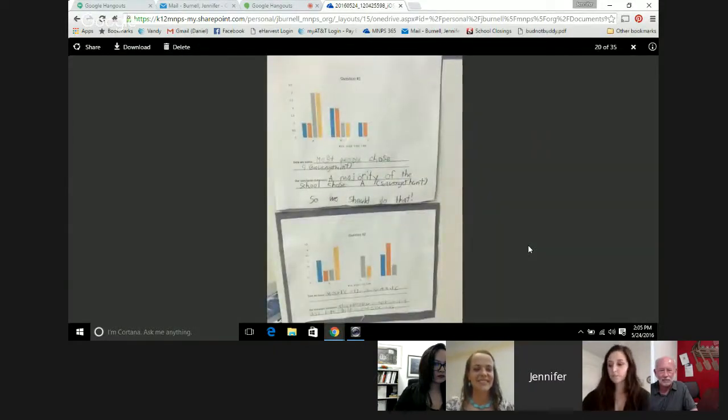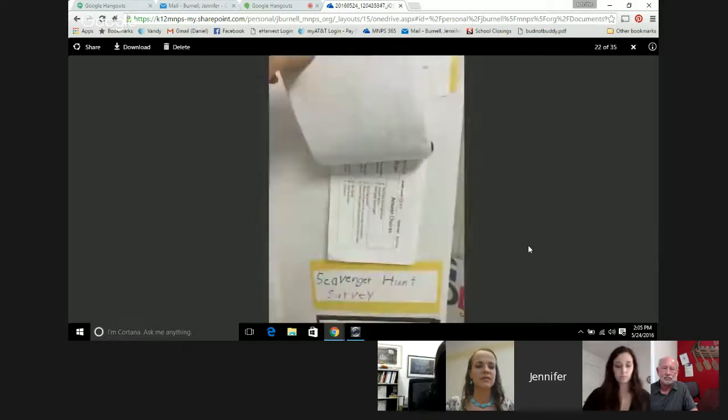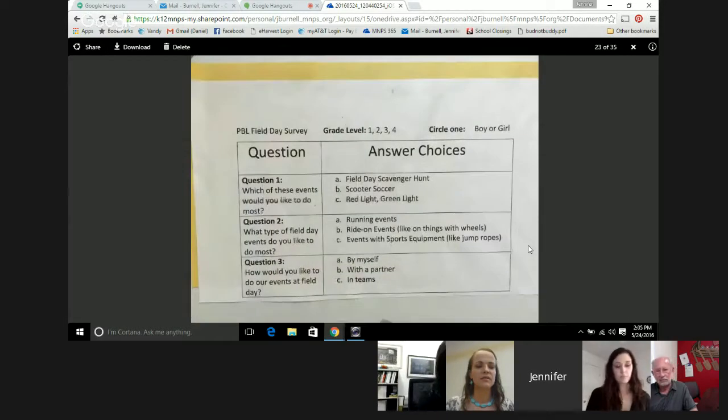When I look back on it and think about what I would do, let me touch on the standards a little bit. We had a lot of different cross-curricular things in here. We had a lot of math, obviously, with the data gathering, the researching, the graphing in general, the analyzing of the graphs. With ELA, they actually researched a whole lot about field day projects, and that's where these initial ones on the survey came from right here.